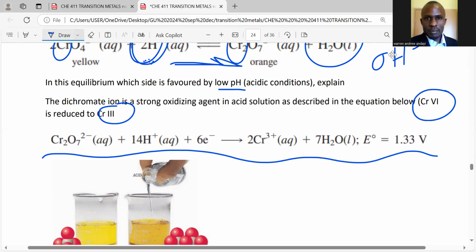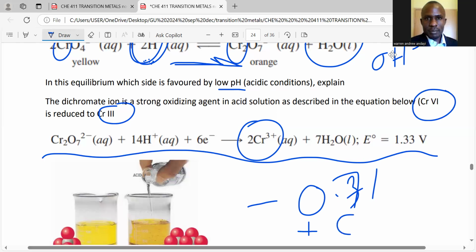And you can see what is happening. When that happens, it is reduced to that, and this is its reduction potential. So dichromate has a very high reduction potential. Compare this with most metals. Most metals have a negative value, like lead at about negative 0.1.